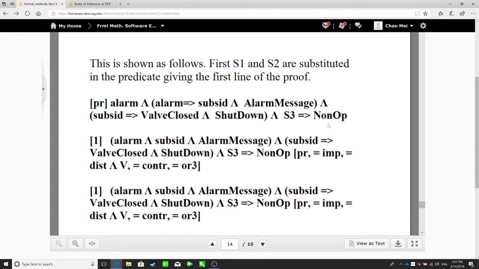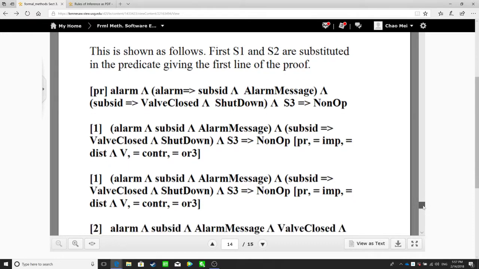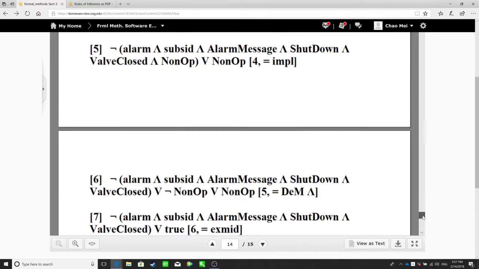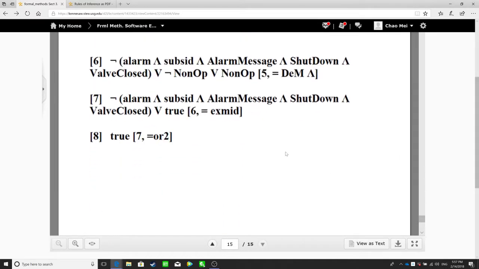Most of the time you just combine a negation like A, negation A. If there's and or, you try to combine them together to see if we can get anything there, right? So it's the same thing. I won't explain them step by step. So at last we prove a true. Yes. Okay, so this is the proof.